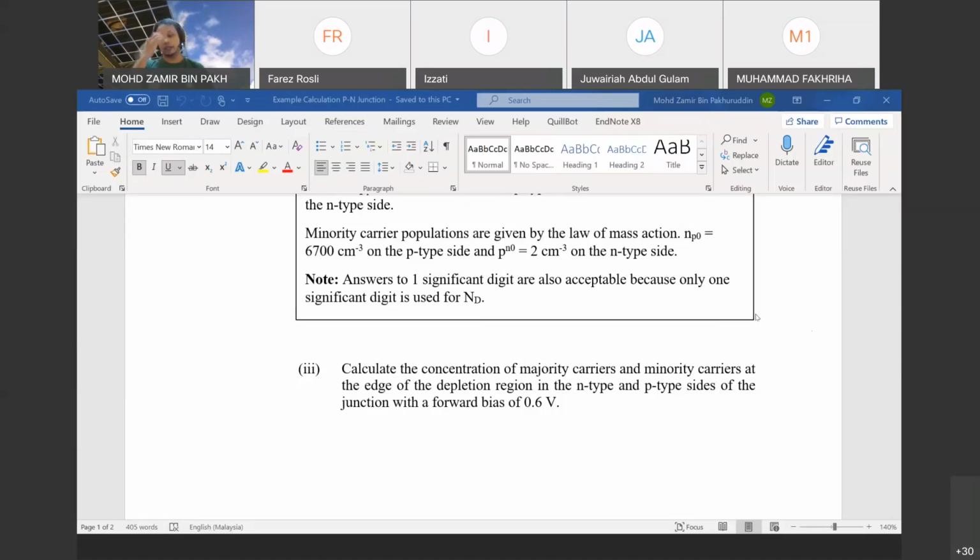The one with the exponential component, right? The q V applied bias over kT. Okay, Shamimi, what did you get? Do we have a change of majority carriers for P-type and N-type? No. Okay, so what's the minority carriers?